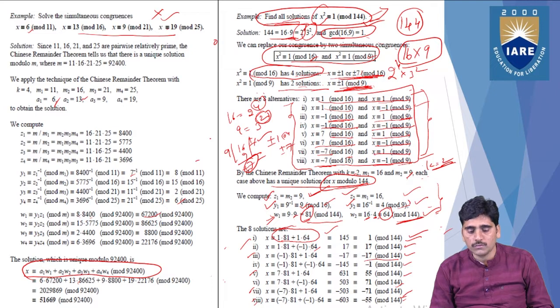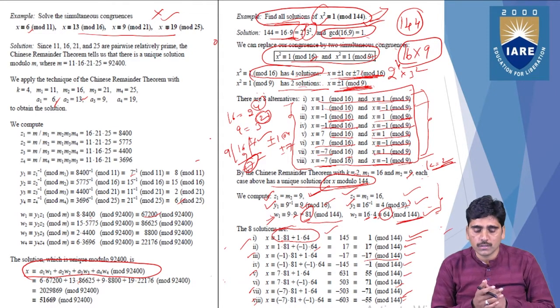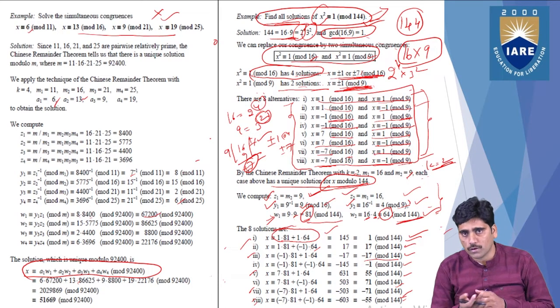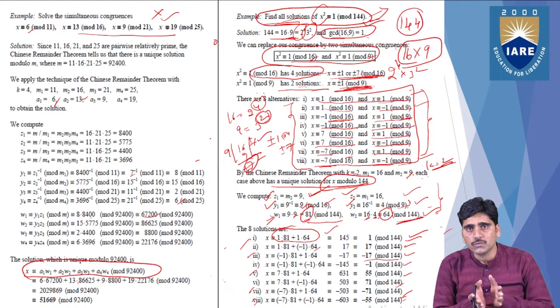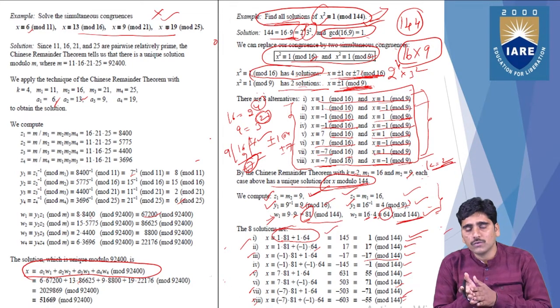So initially we need to remember the a1 values and the m values, m1, m2, m3, m4. Based on those values, we have to find the z1 value, then the y1 values, and then the w1 values, right?